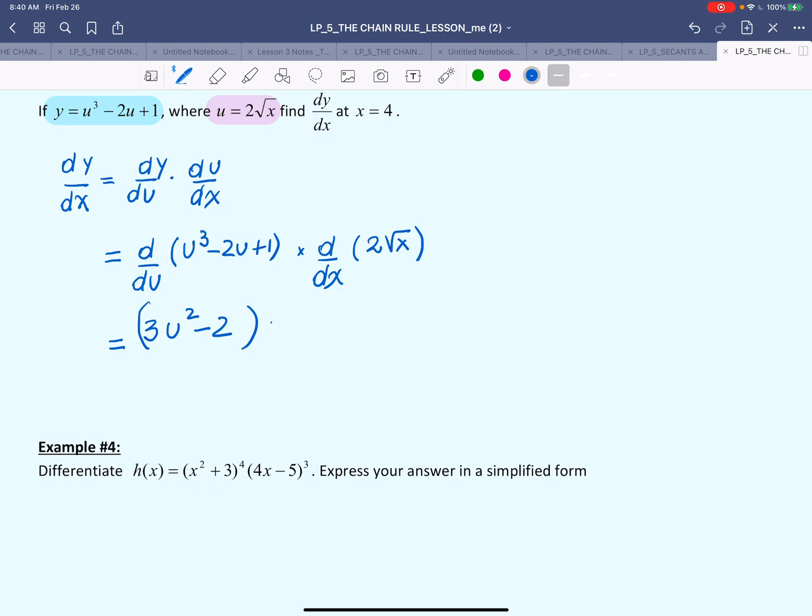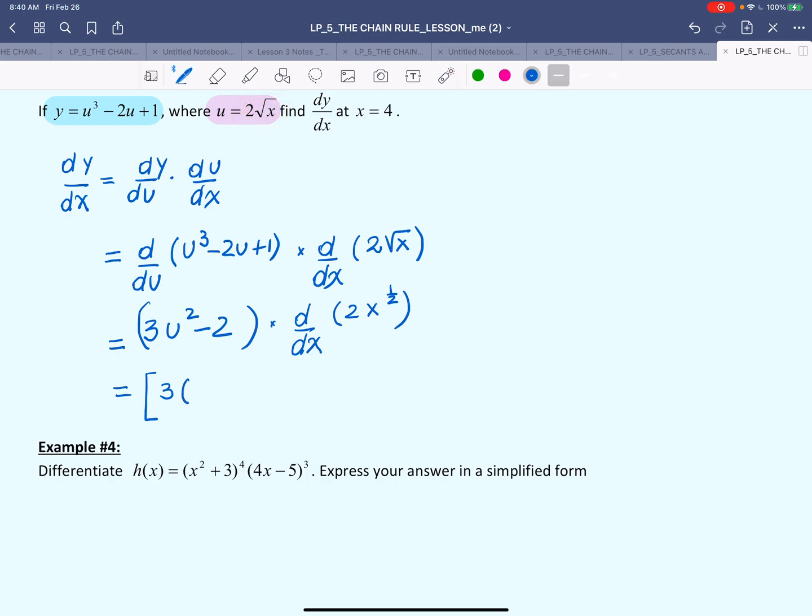Now the next one will be the derivative. I usually like to write the radicals in power form, so it's easier to differentiate. Now, we have 3u squared, and remember that we are differentiating in terms of x eventually, so we don't want to have u in the answer, so it's time for me to think of substituting u by 2 root of x.